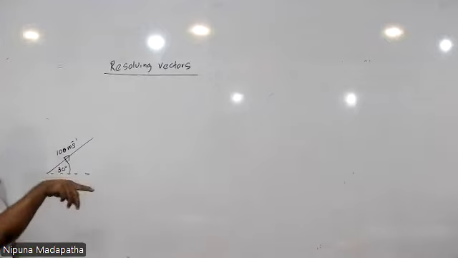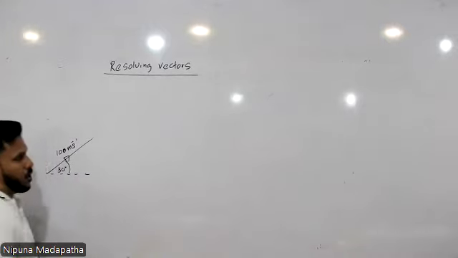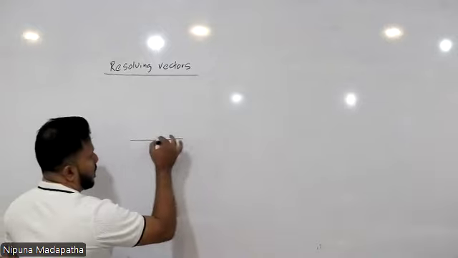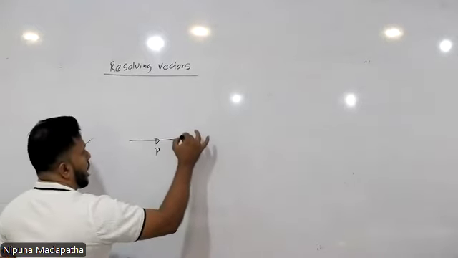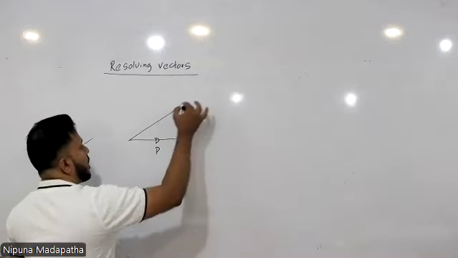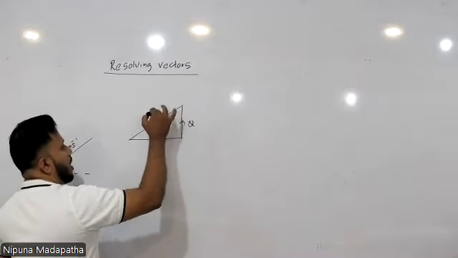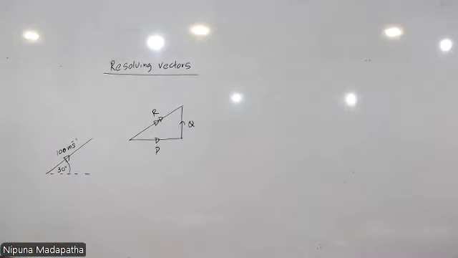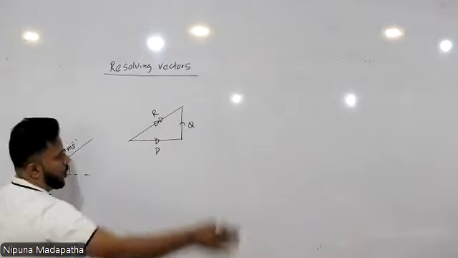Using the triangle law, if you are given a vector P and a vector Q, the addition of P and Q gives the resultant R. Like that, can we do the opposite?